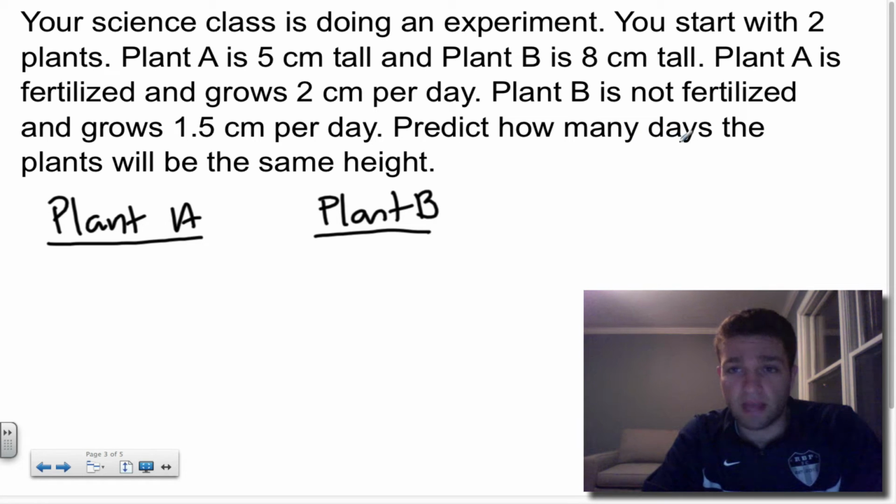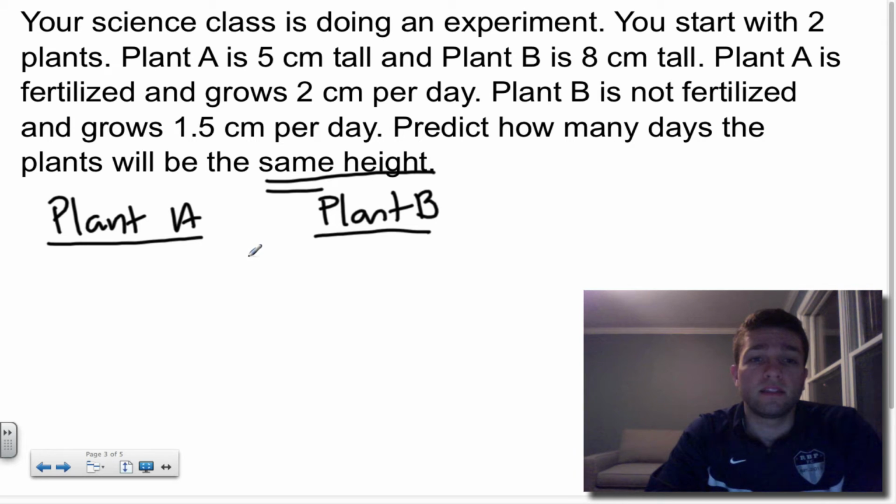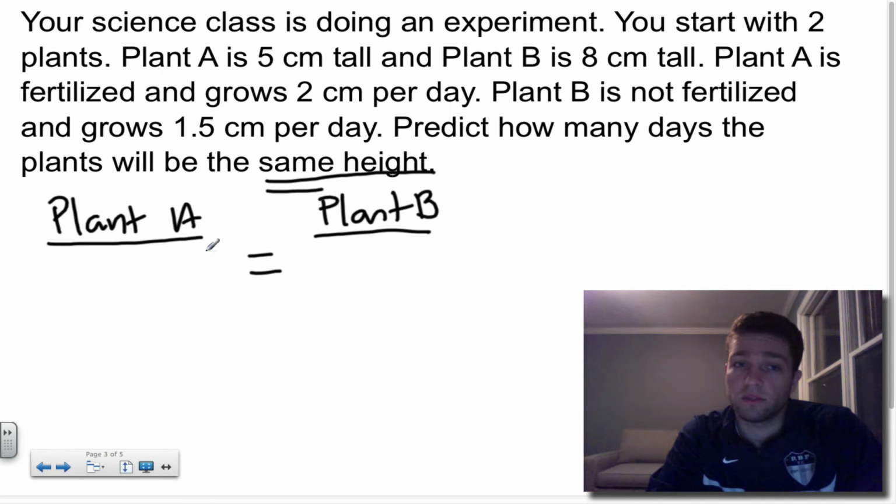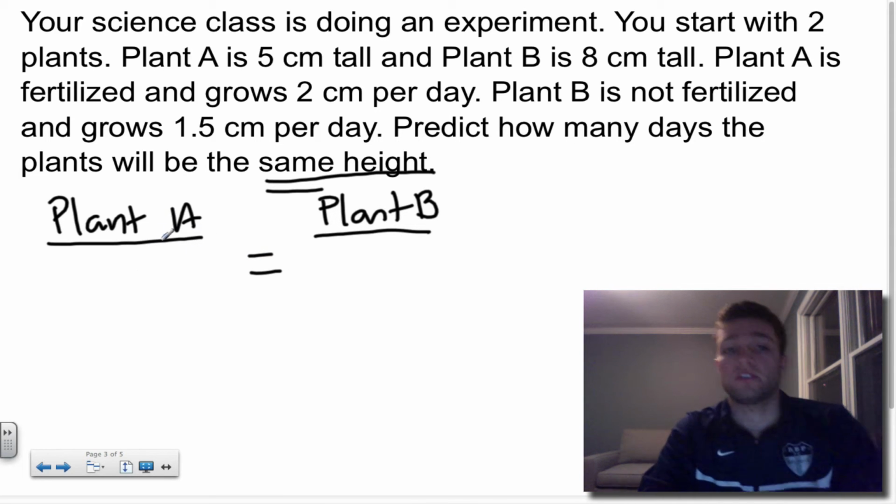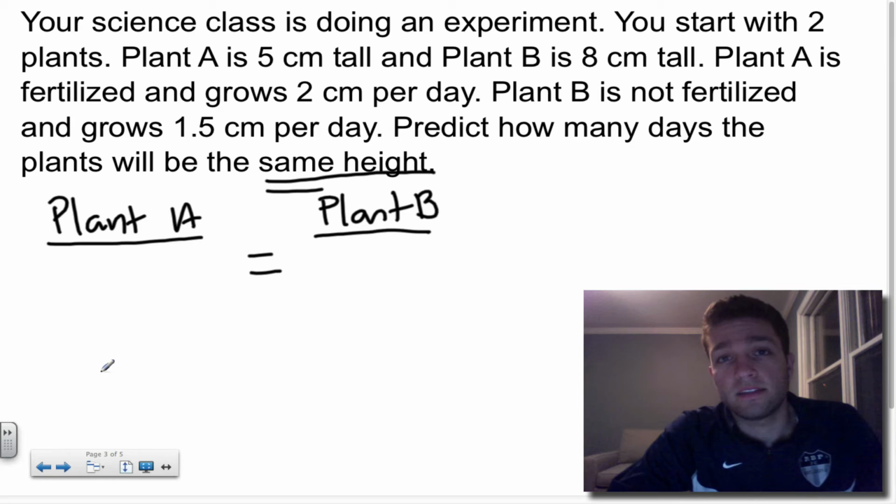It says predict how many days until the plants will be the same height. So the same height. Same is telling me that I'm going to have these 2 things equal to one another at some point. Now, before I can do that, I need to figure out what their 2 equations are. What equation represents plant A in this example, and what represents plant B?